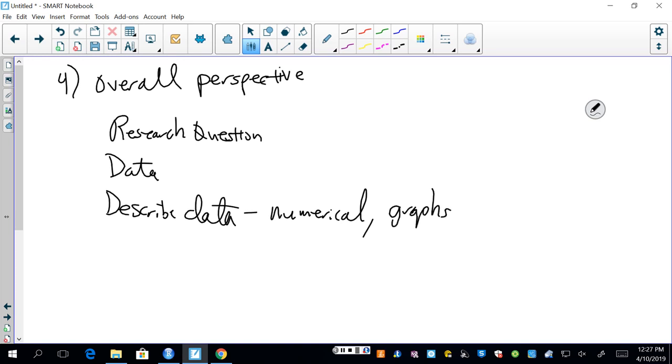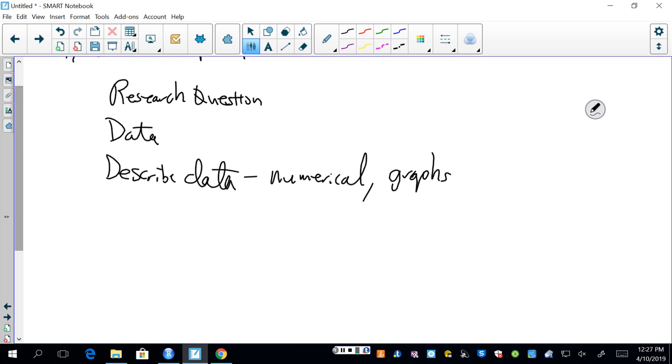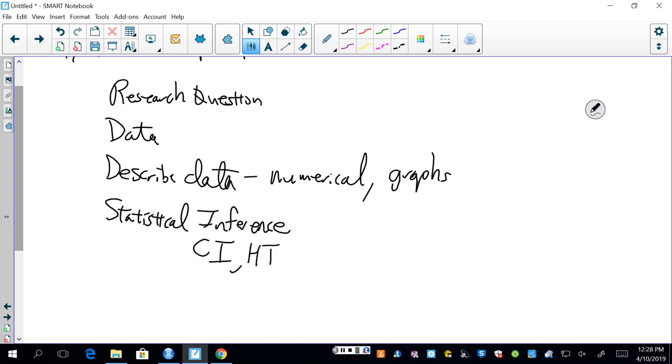See what's there. Sometimes that's very good for checking the data to see if there are errors or unusual points, but it would relate to the research question you're interested in. And then there's some statistical inference, making confidence intervals or hypothesis tests appropriate for the data.